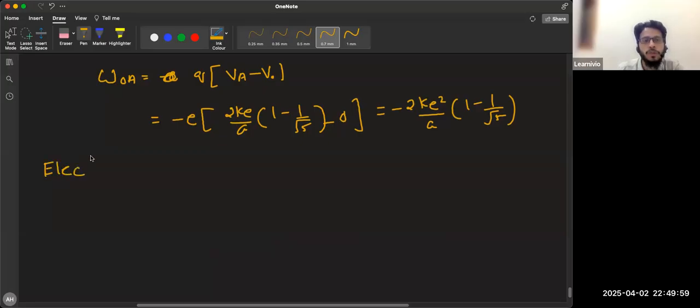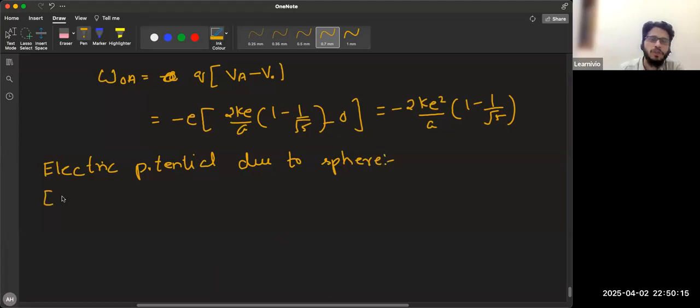Electric potential due to sphere. Now you have various options.